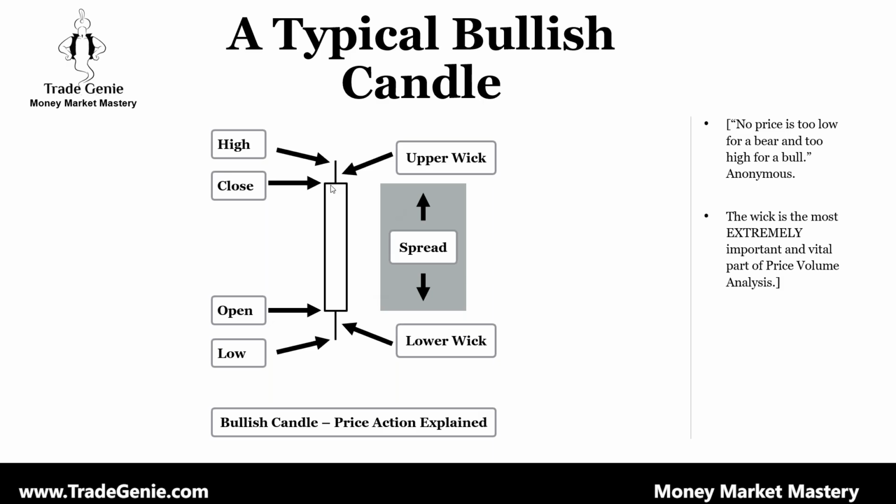So this is the spread. The spread is between the open and the close. So we understand that, and the candle is bullish because the open is lower than the close, or the close is higher than the open. So now we know that this is bullish. Now we don't know the price, right? We don't know the price.